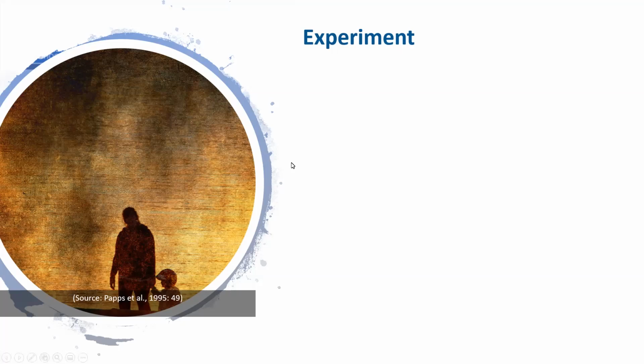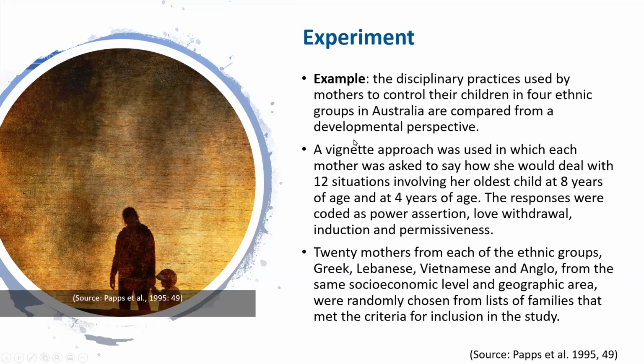For example, there were researchers in Australia who were interested to study the disciplinary practices used by mothers to control their children, and they compared it from a developmental perspective.